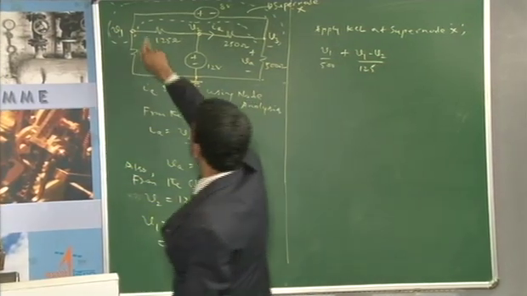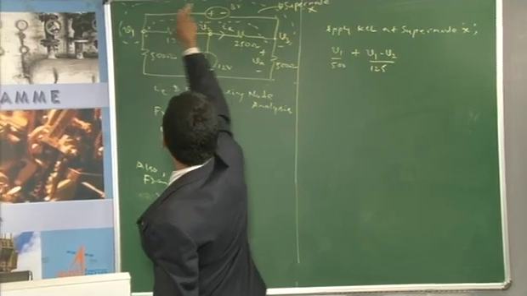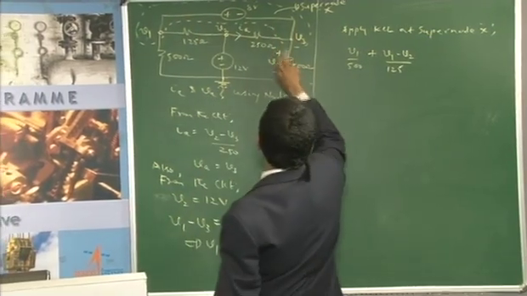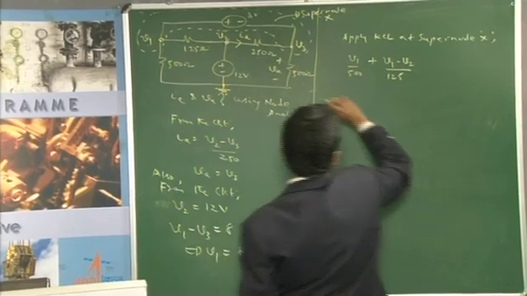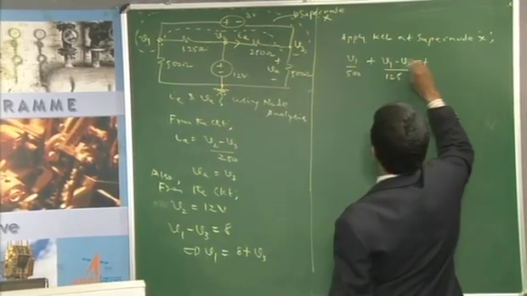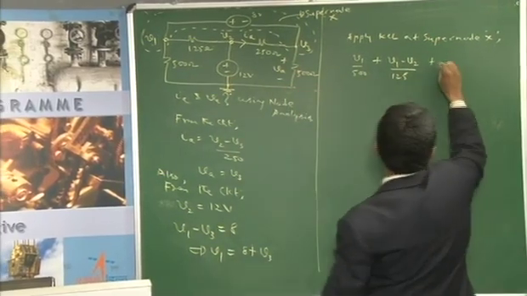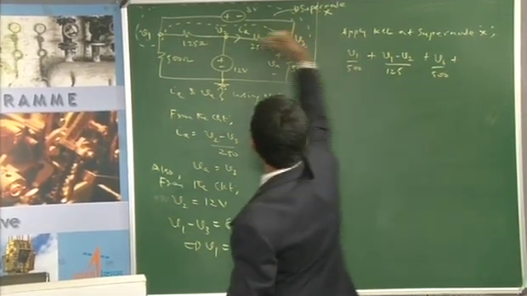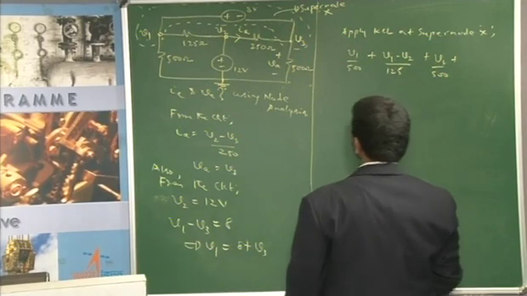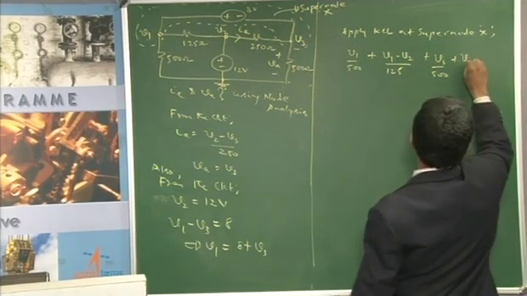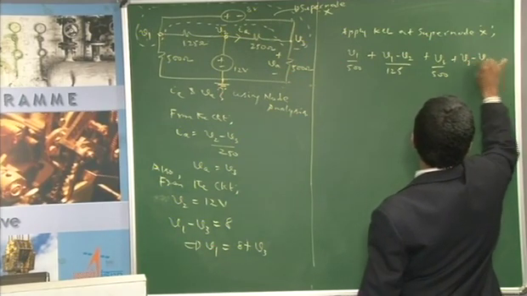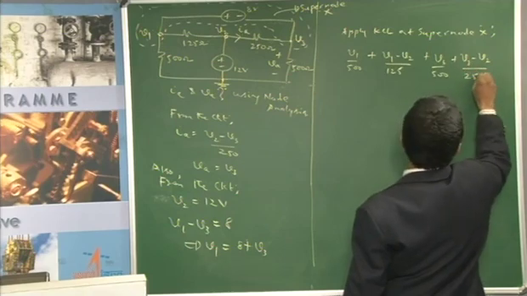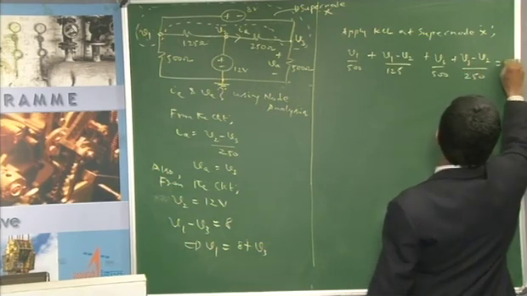And these 2 branches here correspond to the super node. So, what is the current that comes out of this node in this direction? It is V3 by 500. What is the current that comes out of this node in this direction? It is minus IA, no doubt, but it can also be written as V3 minus V2 divided by 250, which is ultimately equal to 0.